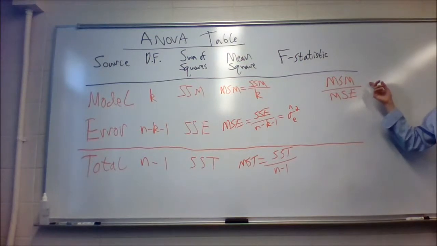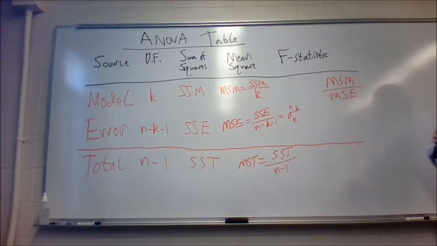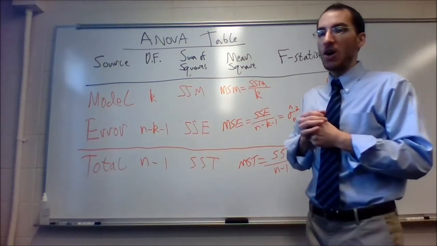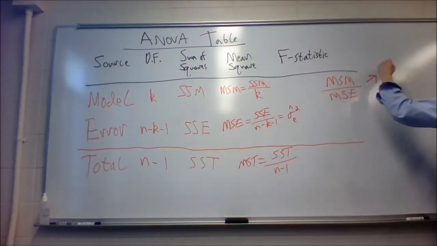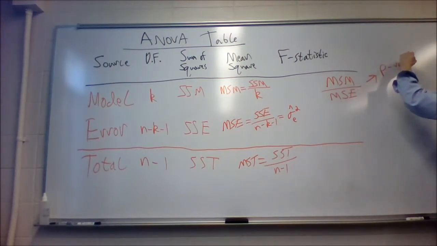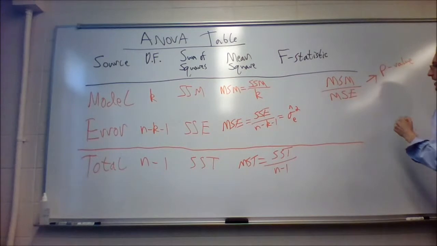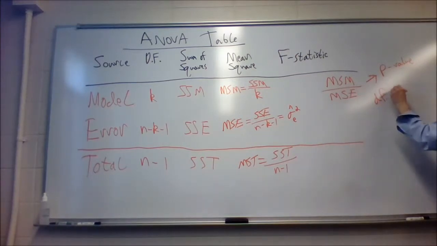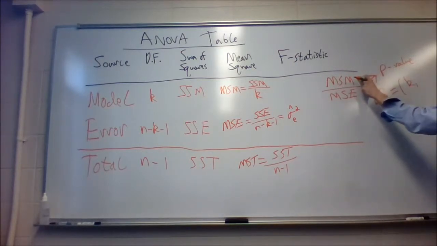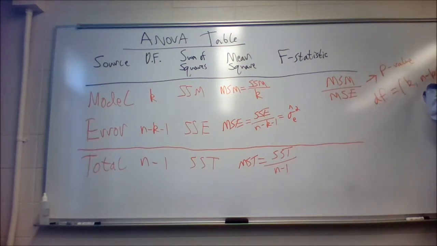And to show significance of the model, I want this number to be big. And to connect what it gives you in R, this F statistic has a p-value, just like every other p-value we've seen, and it has degrees of freedom. Because I've got a numerator and a denominator when I calculate my F statistic, we say it has degrees of freedom of k for the numerator and n minus k minus 1 for the denominator.